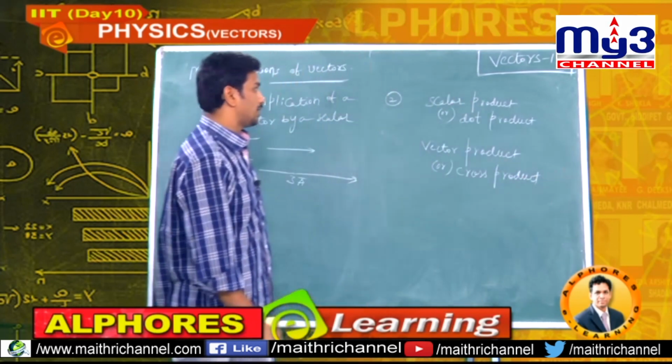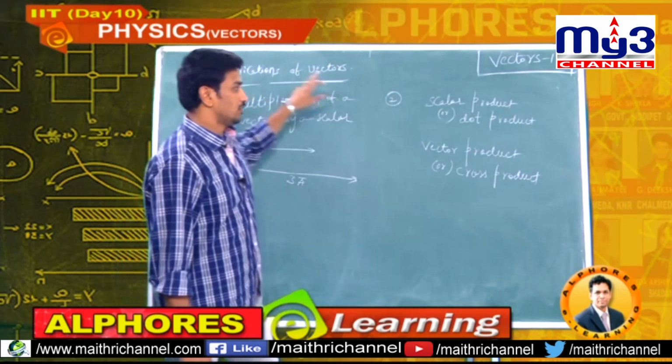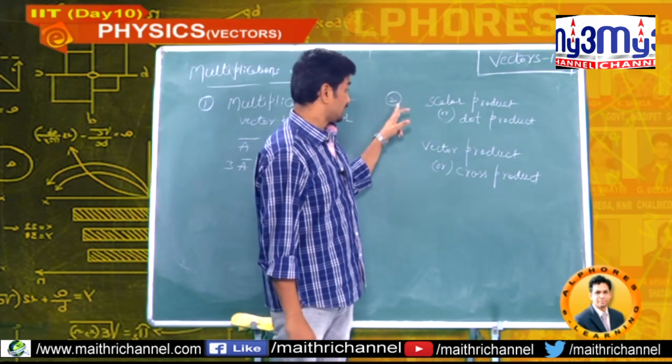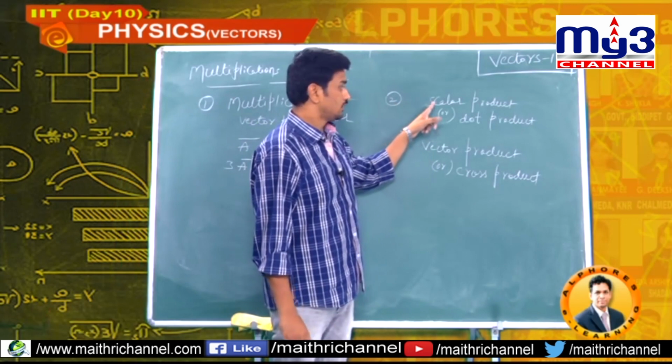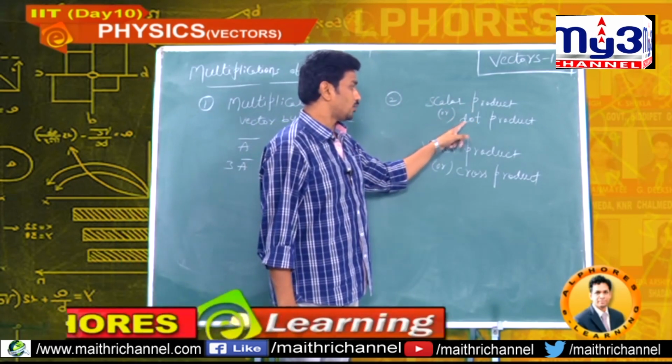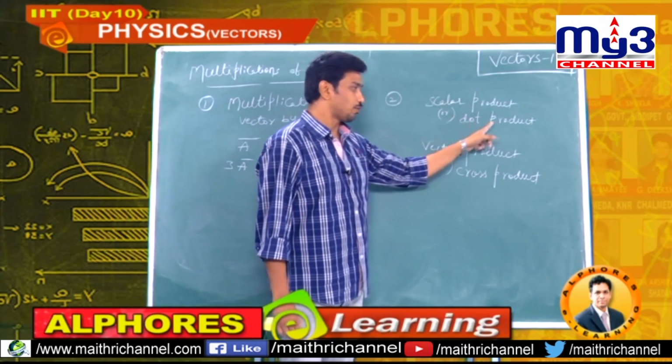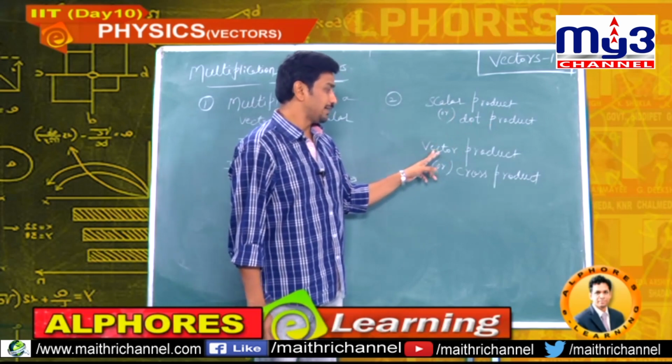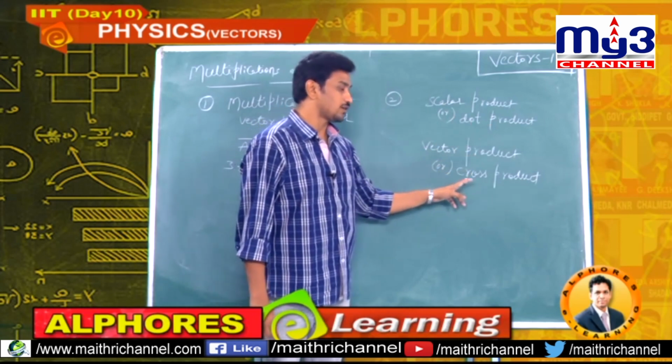Now in the second category we are doing multiplication two ways. One is scalar product, otherwise we can call it dot product. Next multiplication, vector product or otherwise cross product.